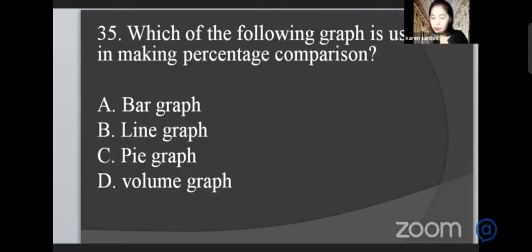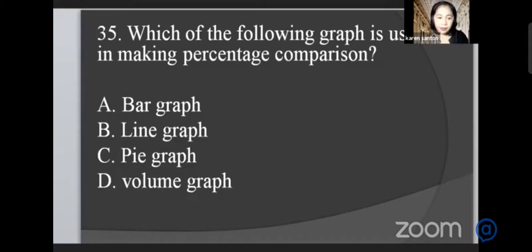Okay, so some of you in Facebook Live answered letter A and also letter B. The correct answer is letter C, pie graph.